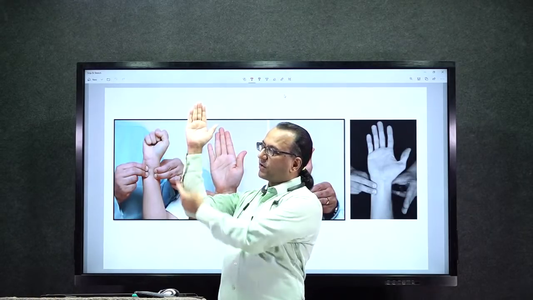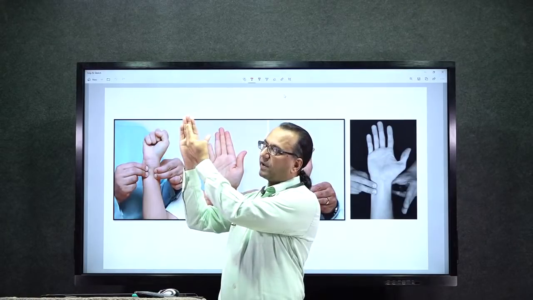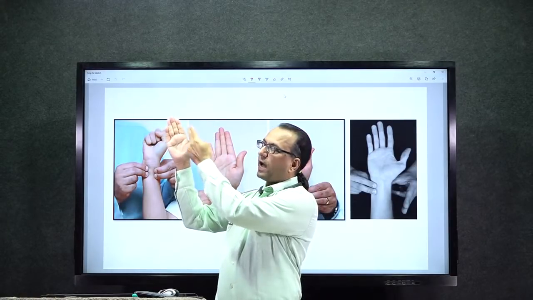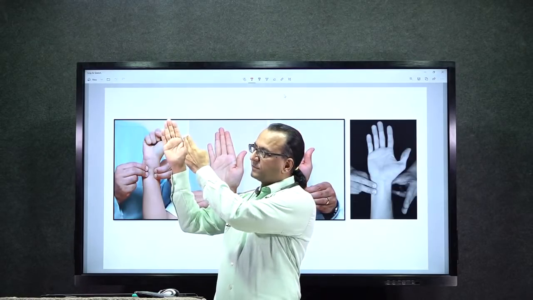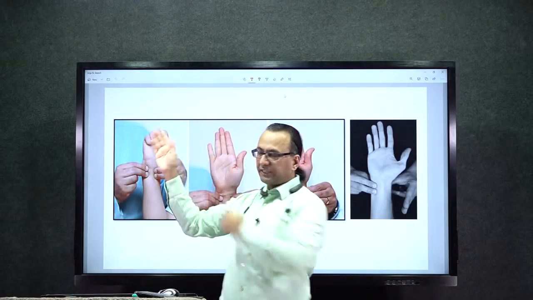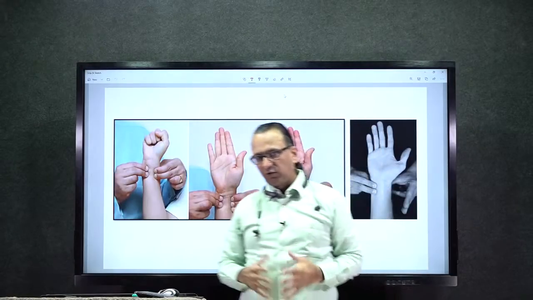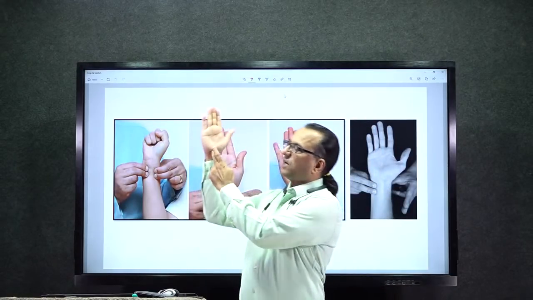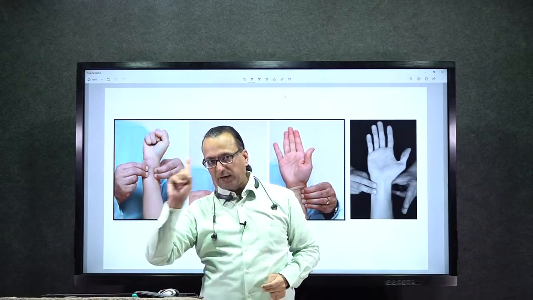Because the ulnar artery is patent enough not only to supply 3.5 finger here, it can supply 1.5 finger also in emergency. And how do you check that it can supply the thumb in emergency? That is what you do Allen test for. So Allen test is done to check for what? The anastomosis between superficial and deep palmar arch, point 1.